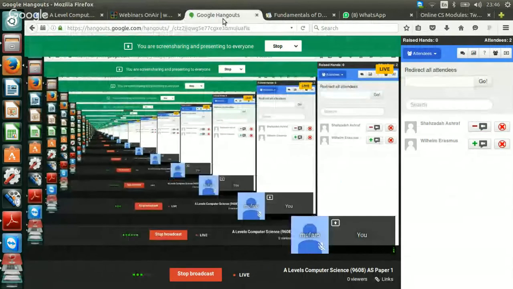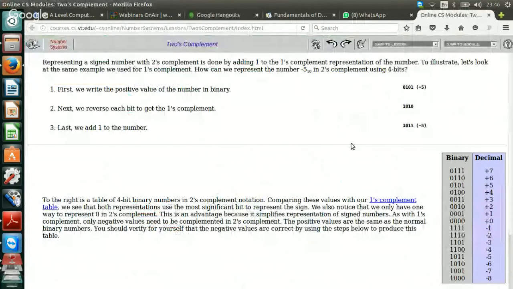Yeah, everything is going fine. All right. So the 2's complement. Now, what is this 2's complement? Just let me take this whole slide into my note so I can later add the description myself.